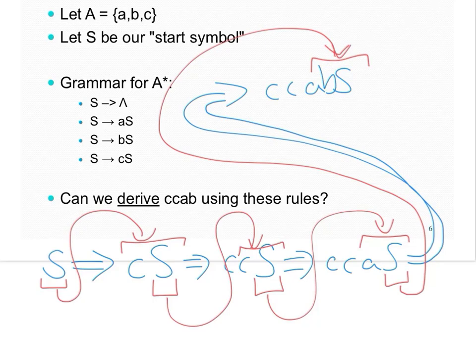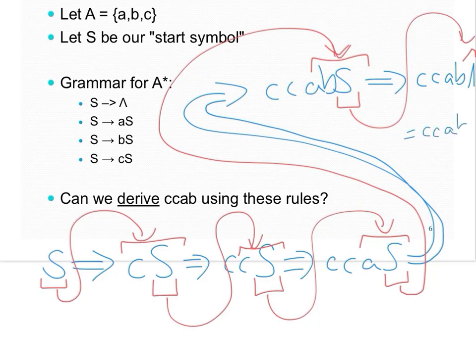So I am going to say that one goes to CCAB lambda, because of course we can take S and turn it into lambda using this rule up here. And so now if you look, I've derived CCAB lambda, but CCAB lambda is exactly the same as CCAB. And so I have derived CCAB using these rules.